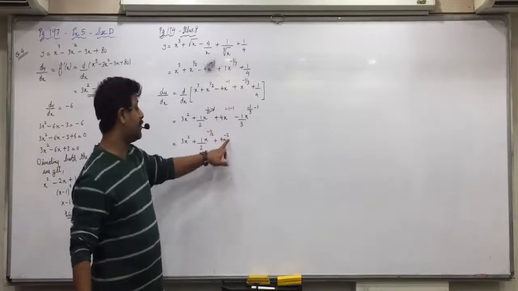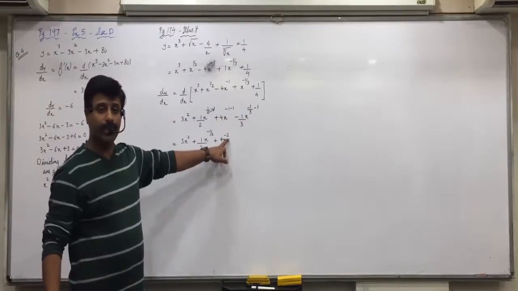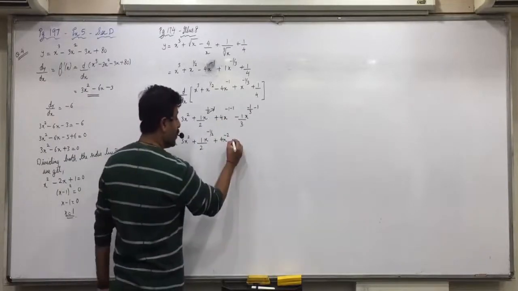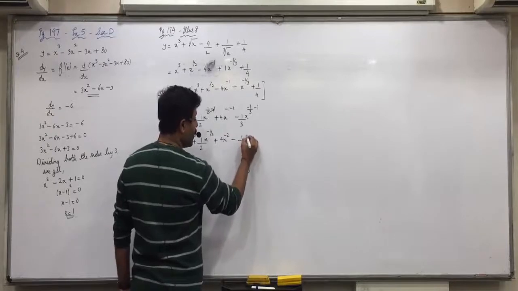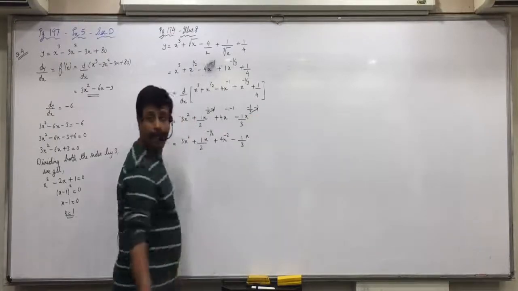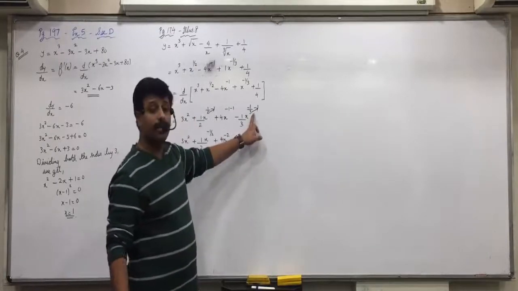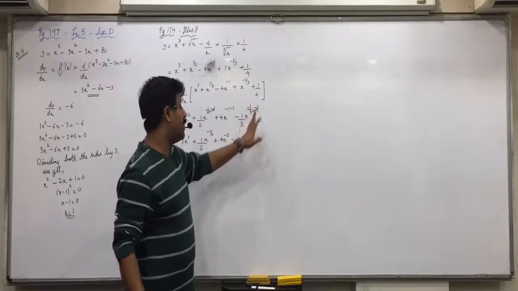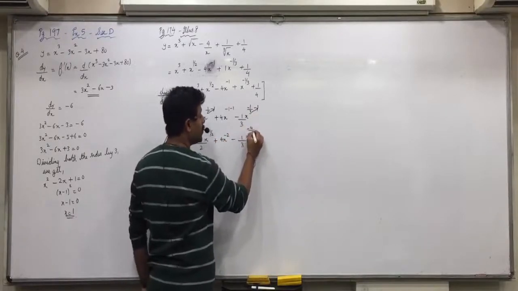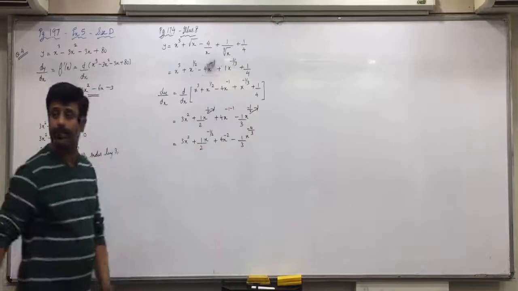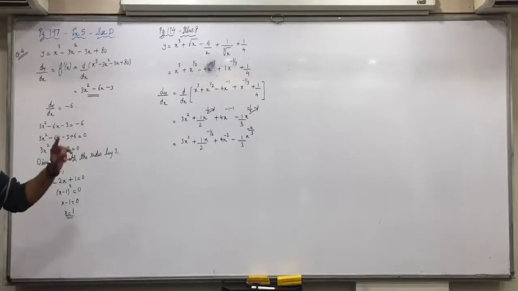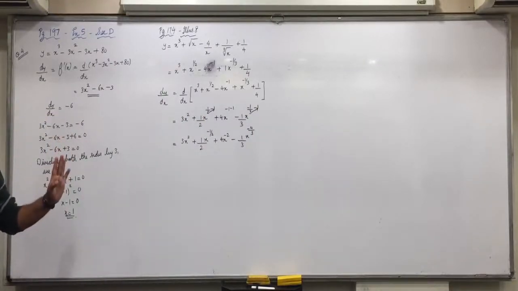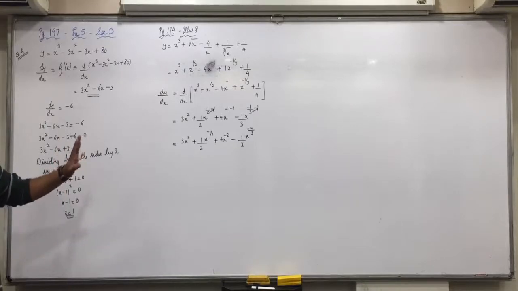Sorry, minus 1 becomes minus 2. Understood this? And minus 1 by 3 x. Now again cross multiply. 1 into 3? 3. Minus 1 minus 3? Minus 4 by 3. Raise your hand who is not clear with any of them. Any of the terms who is not clear, raise your hand.